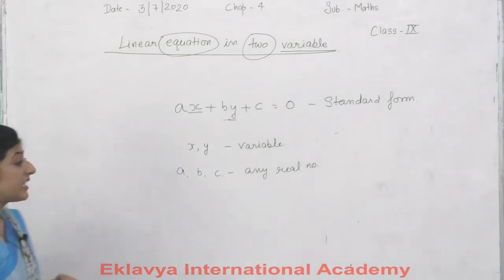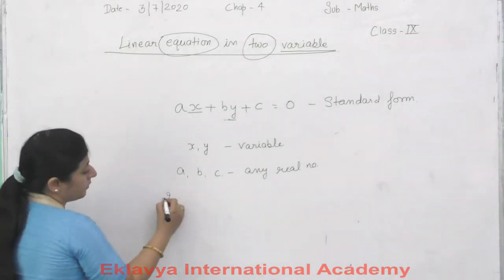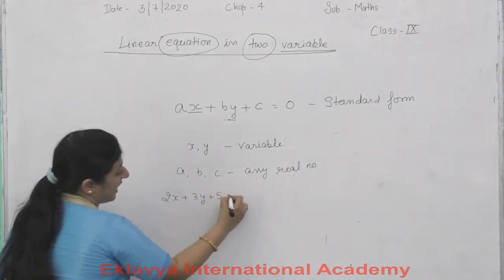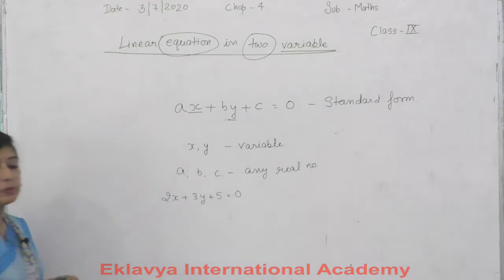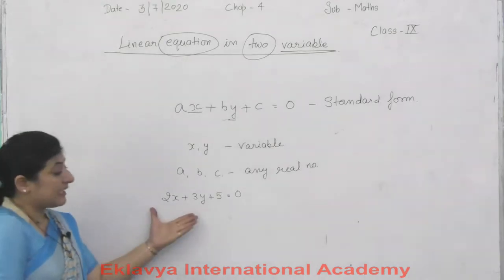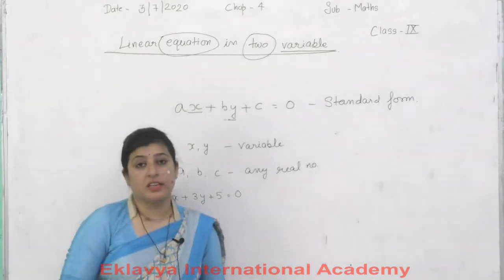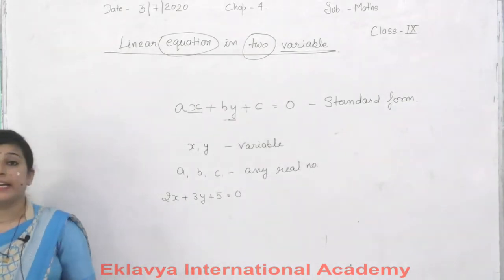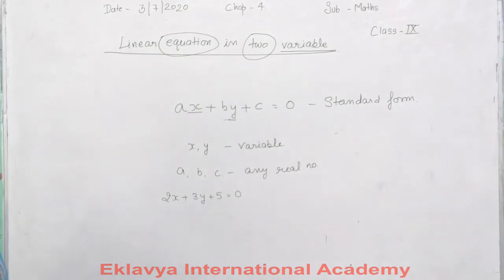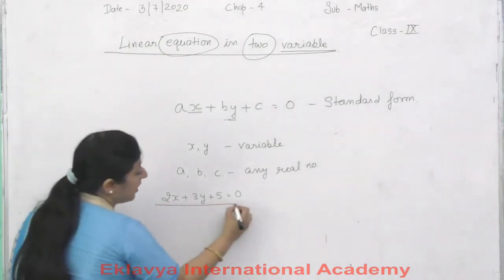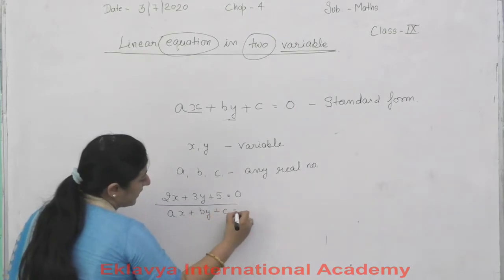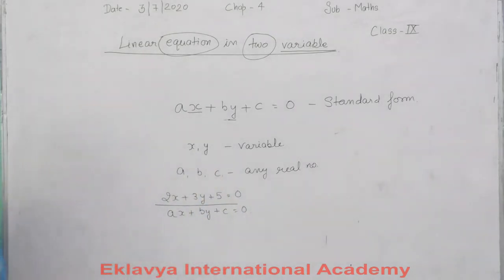Now see examples. Suppose I write 2x plus 3y plus 5 is equal to 0. In this given equation, can I find the values of a, b and c? Yes, I can find them by comparison with ax plus by plus c is equal to 0.